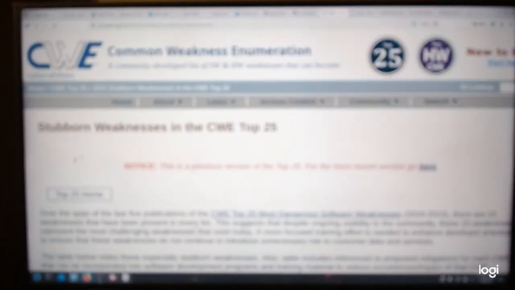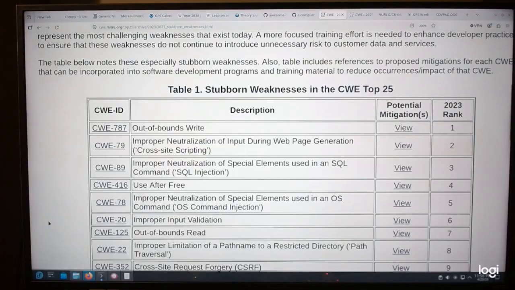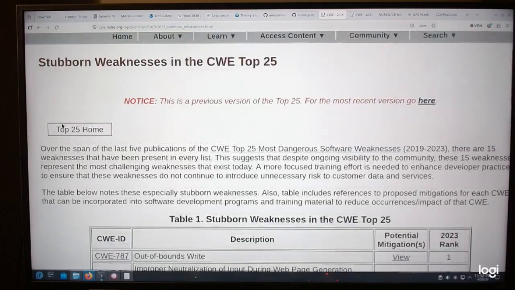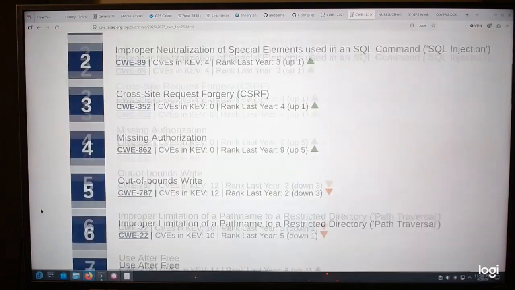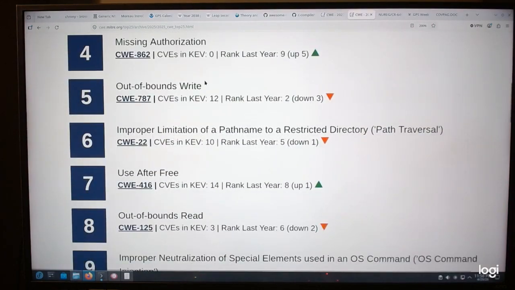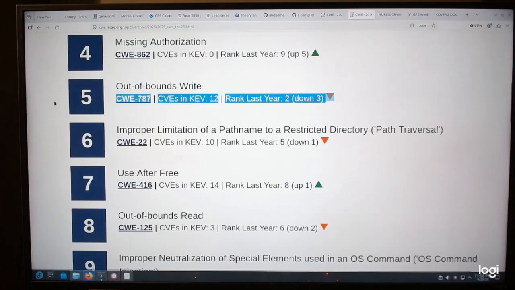If it's on the stubborn weaknesses list, I've got to take care of that in my code. If it's a top 25, we'll see if we can make sure we don't do any of that.